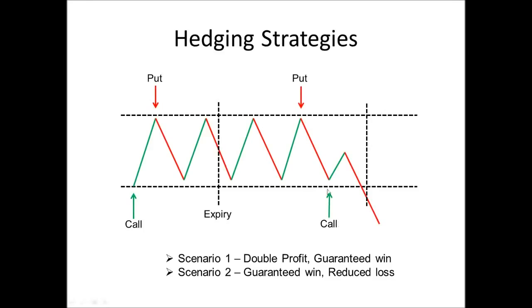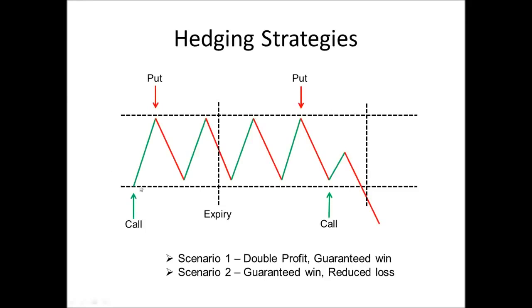We would have lost $10 on the call, but gained $7 on the put. So we would have only made a loss of $3. Compare that to $10, and hopefully you'll start to see the benefits of hedging positions.